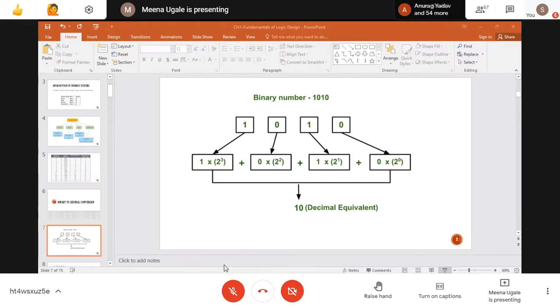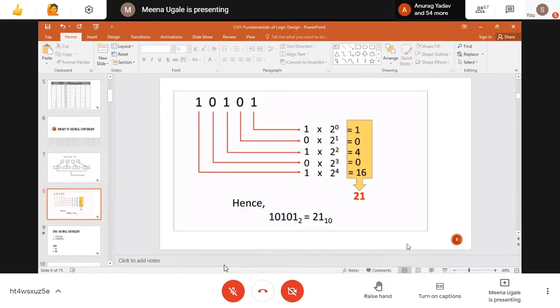Is it now visible? No, ma'am. Now it is visible, ma'am. Because when I'm going for slideshow, it is not getting visible. Now it is visible? Yes, ma'am. Okay, got it. Every time I have to go back and come.